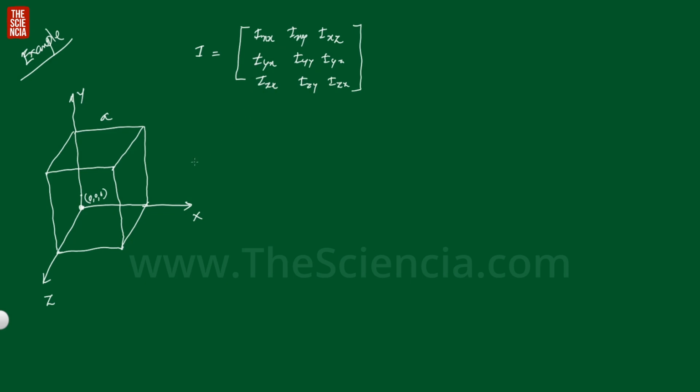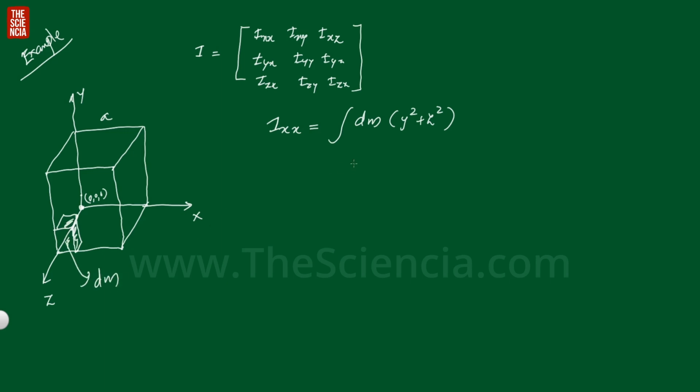First, what is the equation for Ixx? We know Ixx for a continuous body will be the integral of dm times (y square plus z square). What is this dm? dm is a volume element. Suppose this is a volume element, this is our dm.